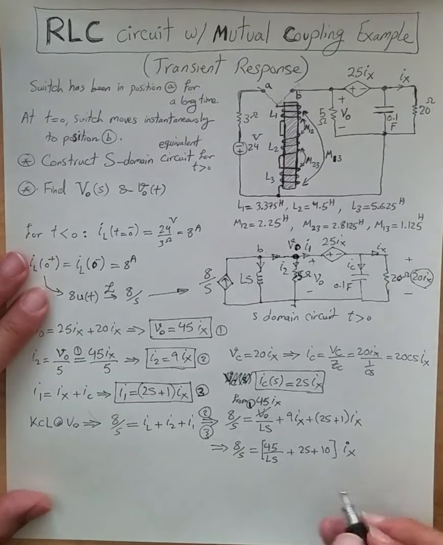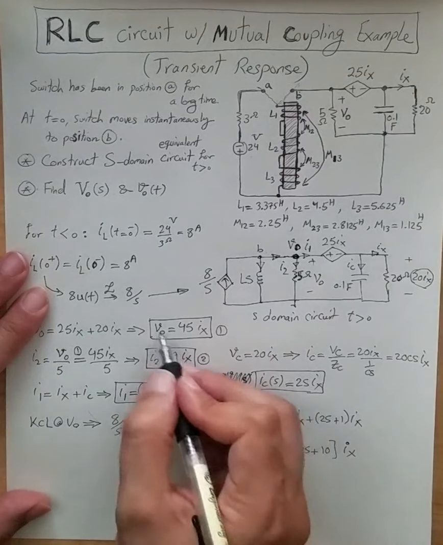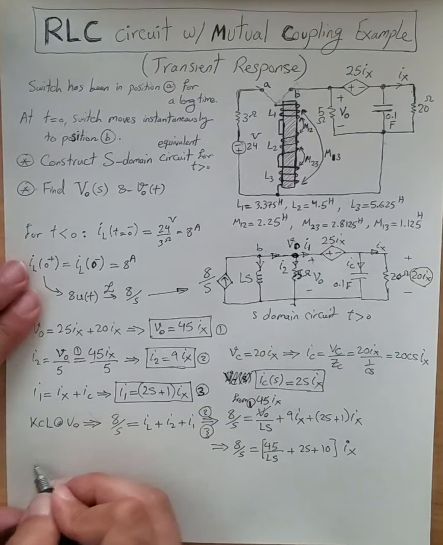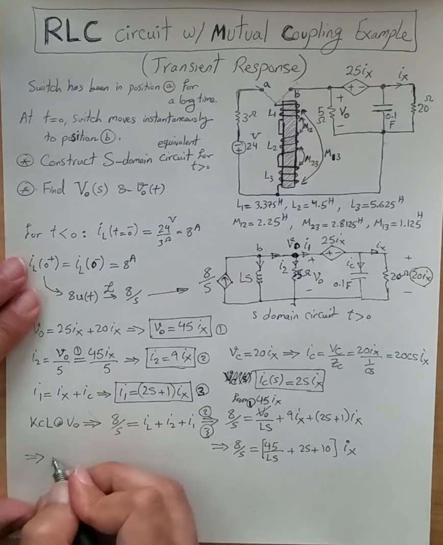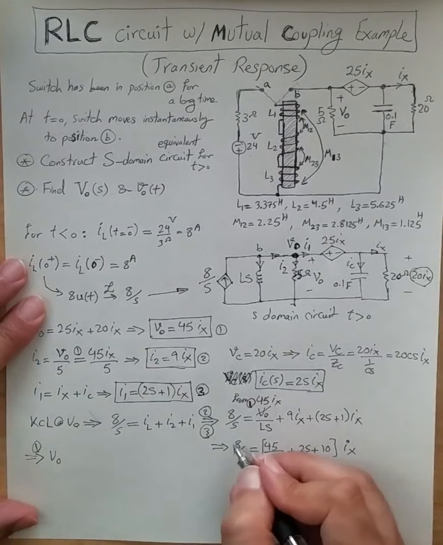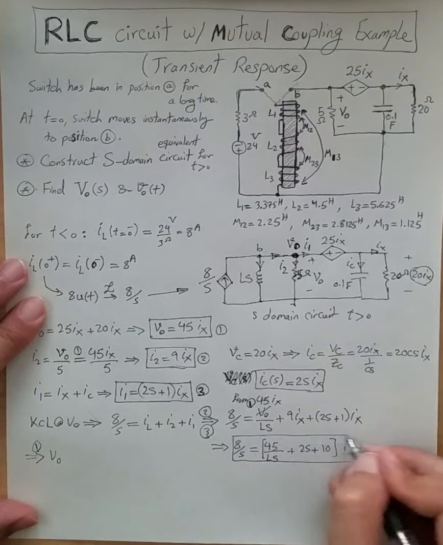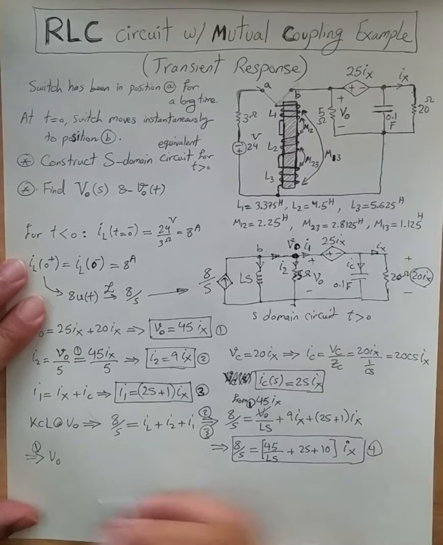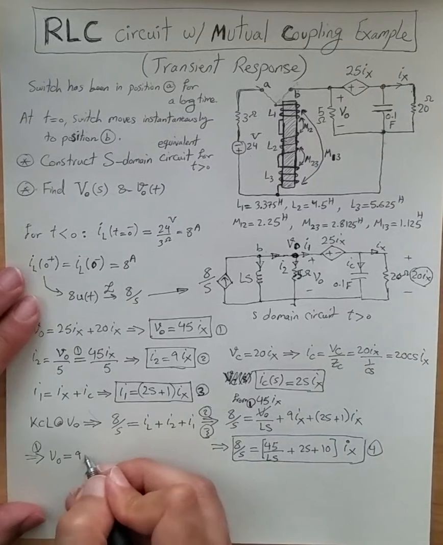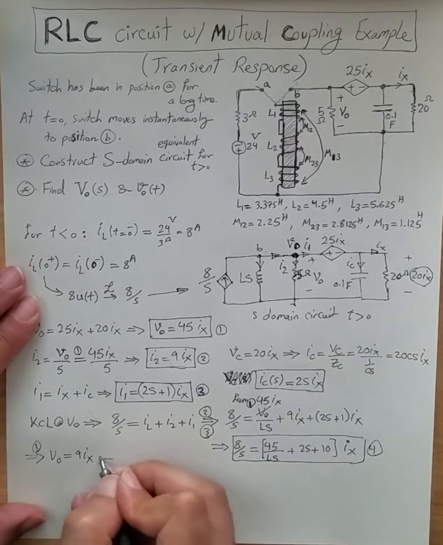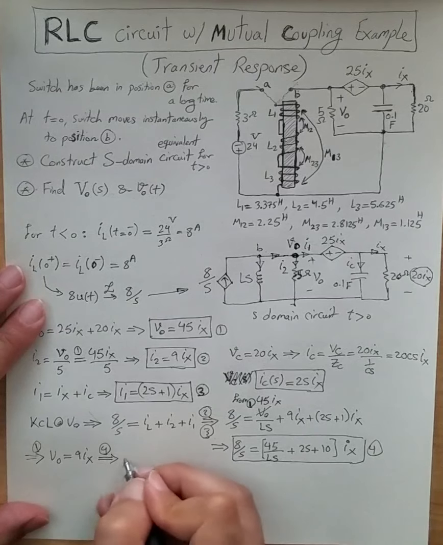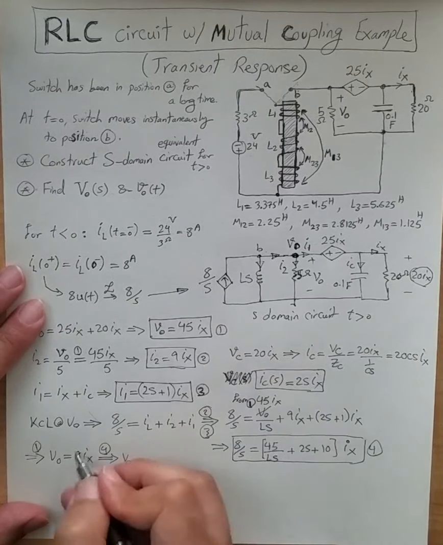And then let's not forget that Ix is related to Vout via equation 1. So what I can do is say, okay, Vout from equation 1, let's say this guy is equation 4. So Vout is simply 9 Ix, and then from equation 4, Vout is 45 Ix.